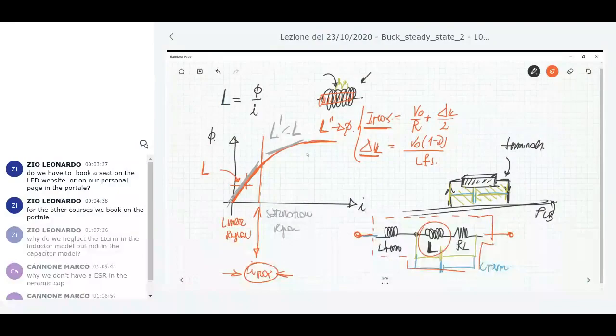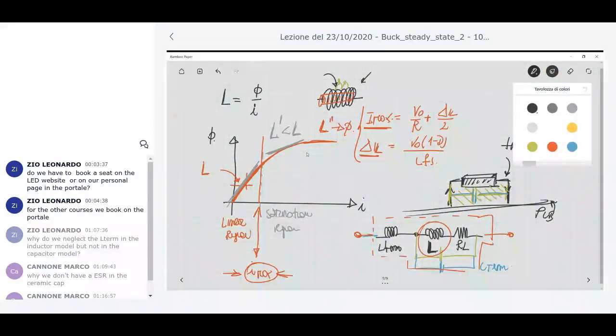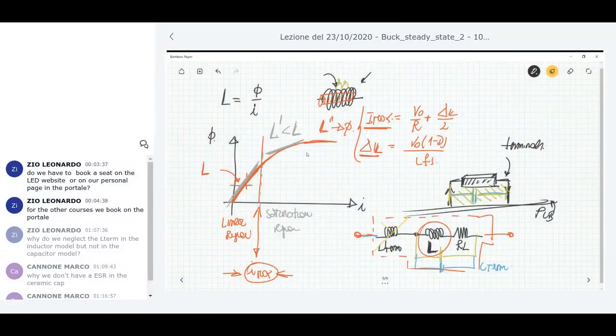Typically, the inductance here and the terminal capacitance are not so huge, so you can skip them. In our analysis, I said that this resistance here is, let's say, negligible. So RL is negligible for our analysis.